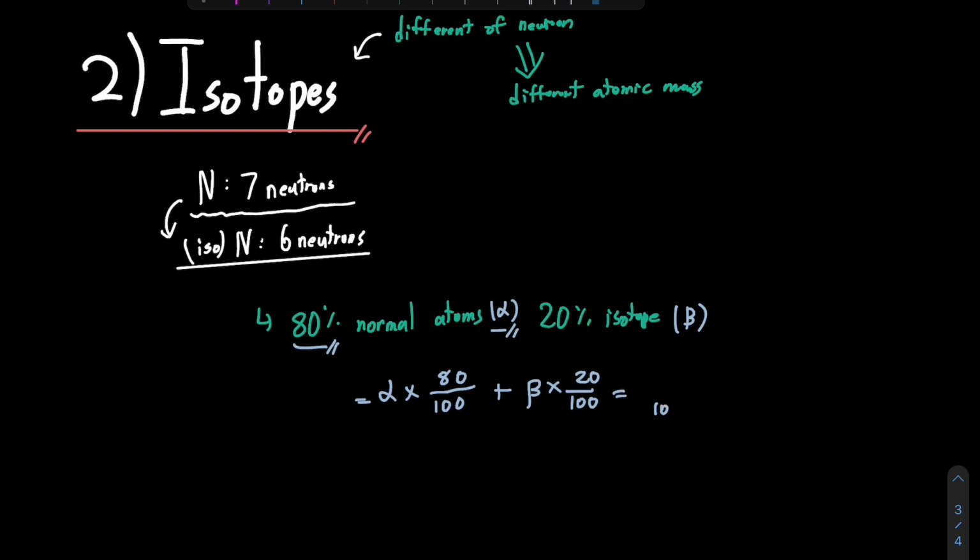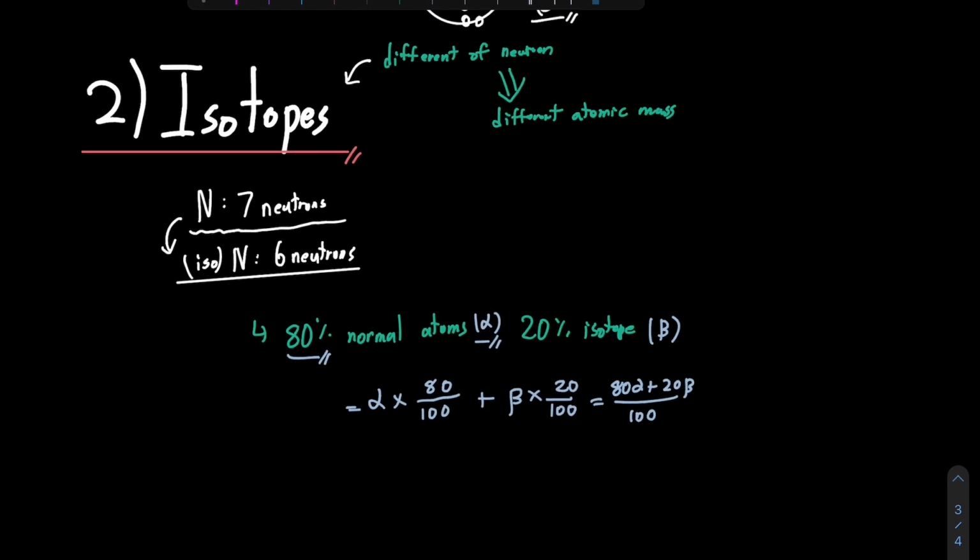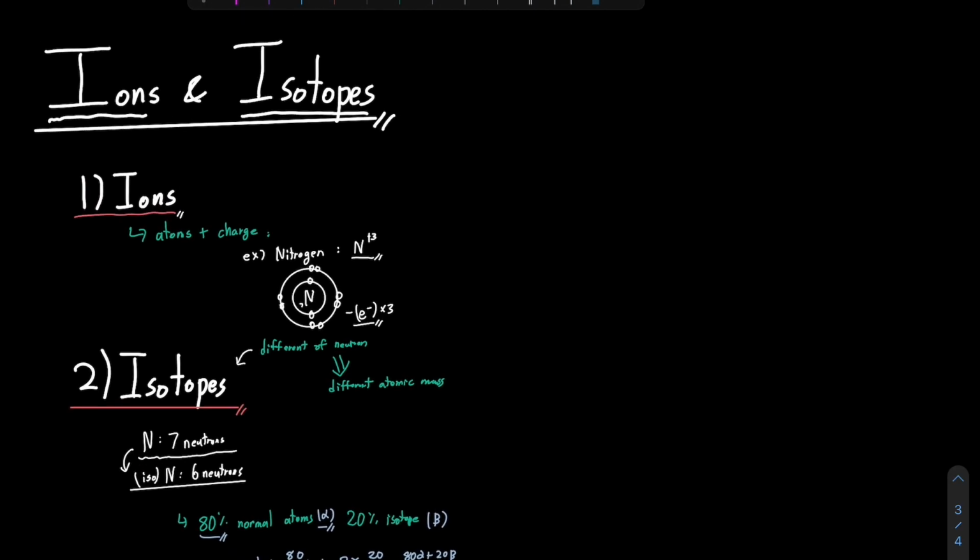So this would be broken down to such formula. And this is how we calculate the average mass of any atom without having to ignore the mass of isotopes. So that was it for ions and isotopes.